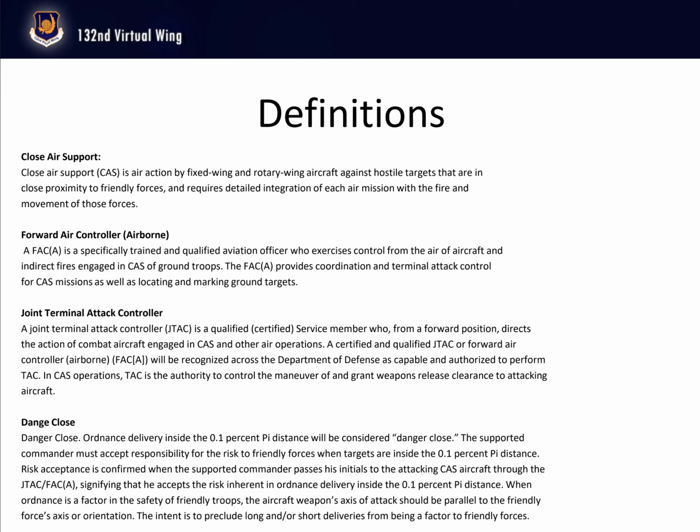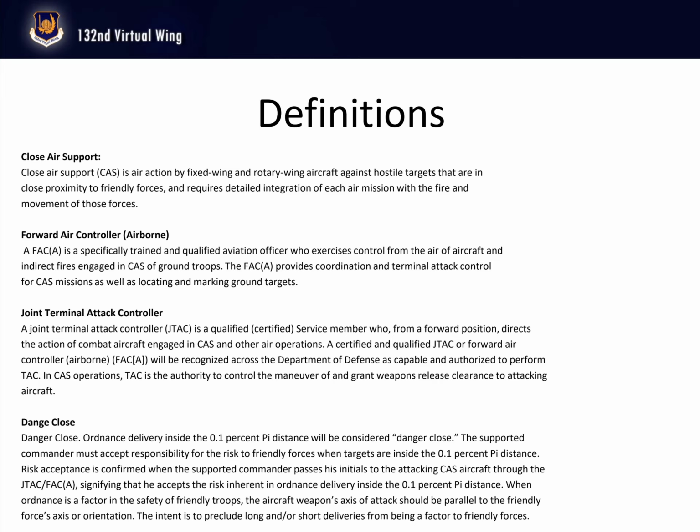For example, the FAC(A) has a much better line of sight to anywhere around because he's airborne. He also has a lot better communication with everyone because there's no terrain masking for the radios. On the other hand, he has reduced situational awareness with regard to what the friendlies are doing.